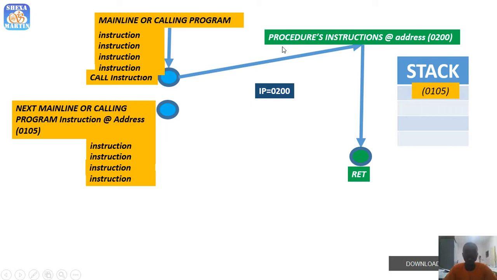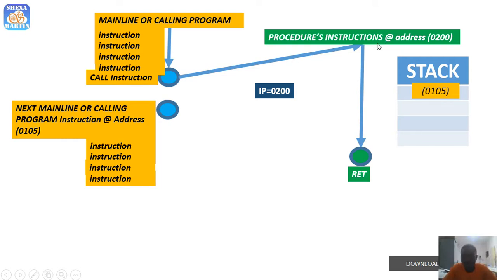Why? Because the next instruction in the called procedure is residing at 0200. But what goes to the stack is the address of the next instruction to be executed in the main line or calling program after the call instruction.